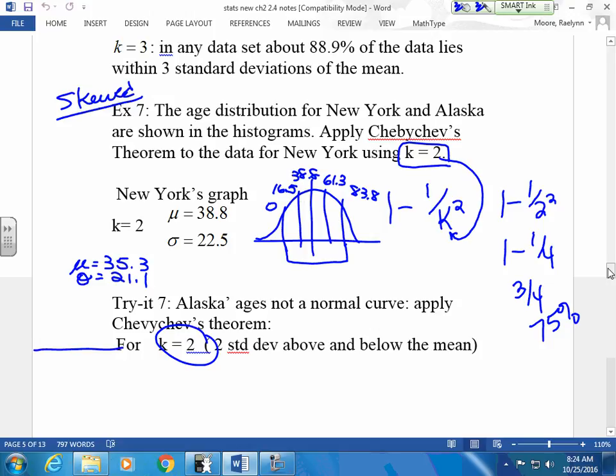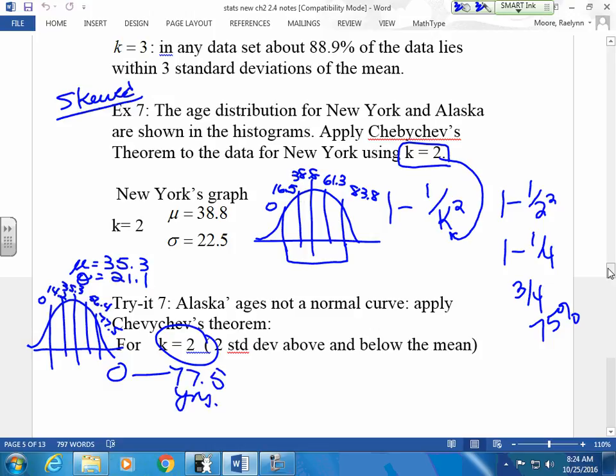So again, you would make your curve. Start with your mean here, add 21.1, and then subtract 21.1. And remember, it's not going to be negative, it's just going to go from 0. So what is the percent from 0 to 77.5 years of age?